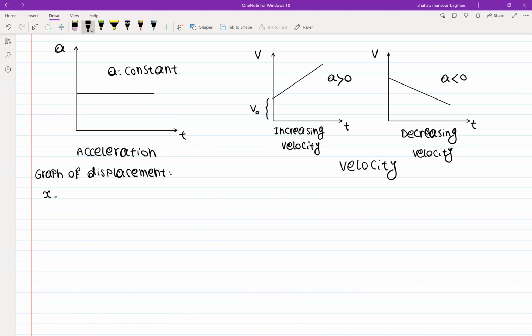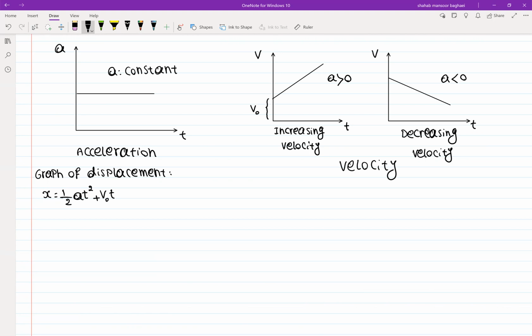So x equal to half a t squared plus v0 t. You know acceleration is a constant value according to this course. V0, or initial velocity, is always a constant value. Therefore, on the right side, you have a variable which is t, or time. This is your independent variable. And on the left side, you have the dependent variable, that's x.